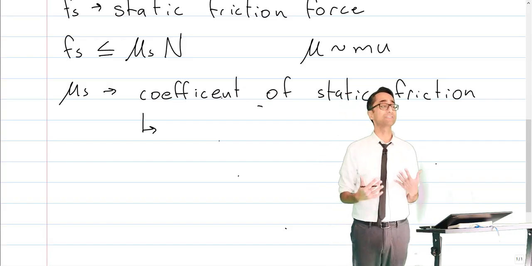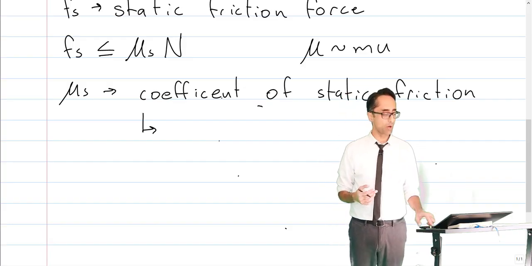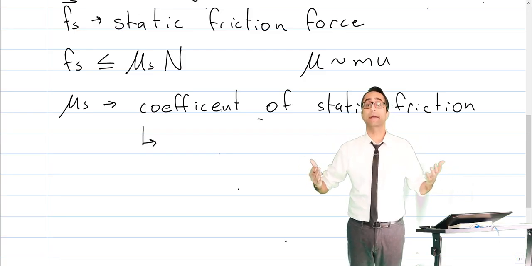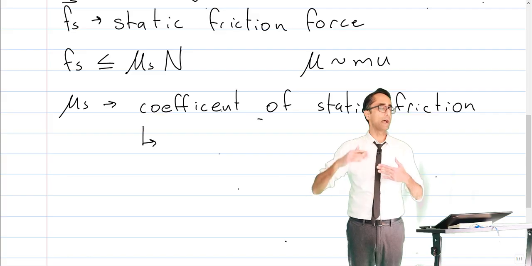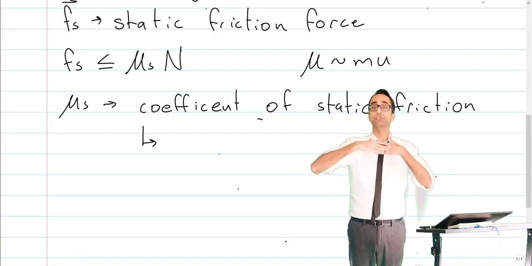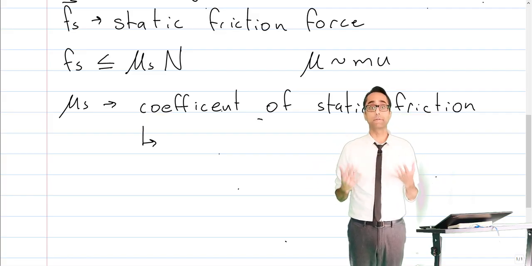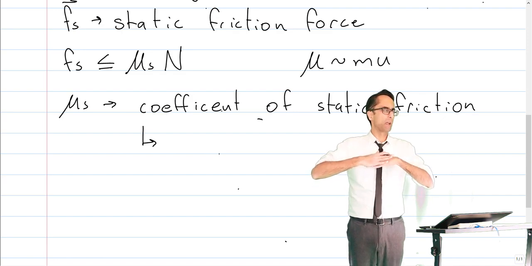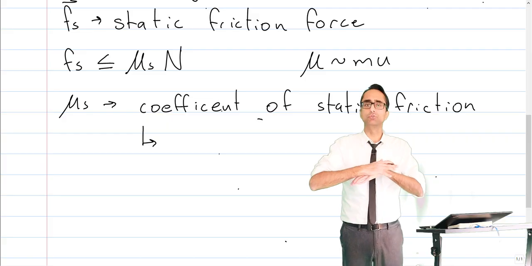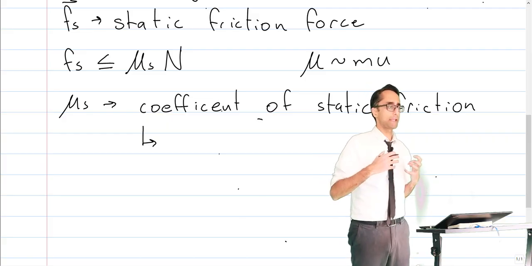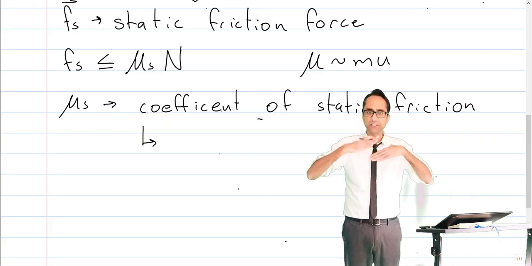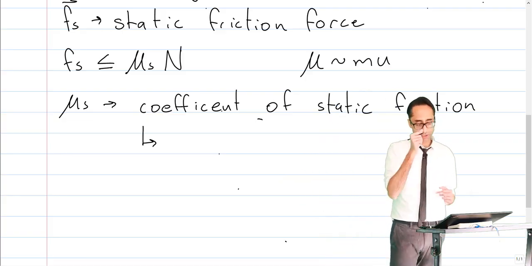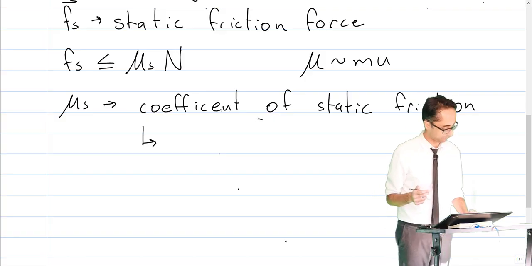The coefficient of static friction is a quantity that defines basically how frictiony an interaction is. If you had skis over snow, that coefficient would be very, very small. But if you had grippy basketball running shoes over a basketball floor, and you hear the squeak, squeak, squeaks of that, that would have a much higher coefficient of static friction.